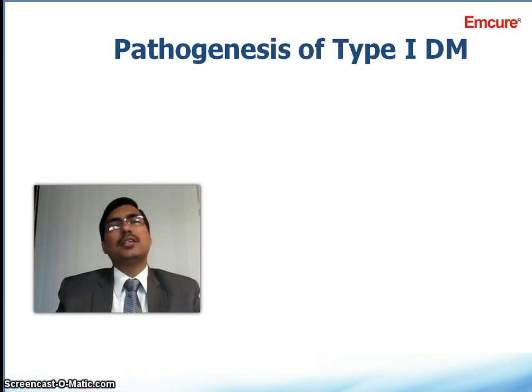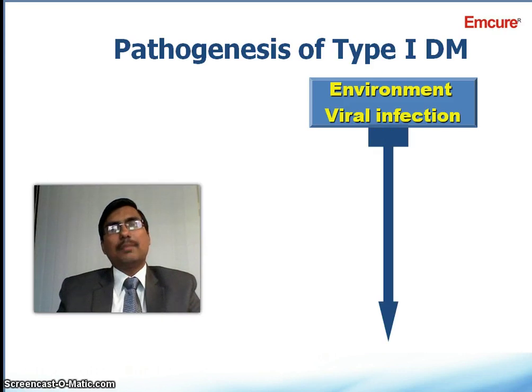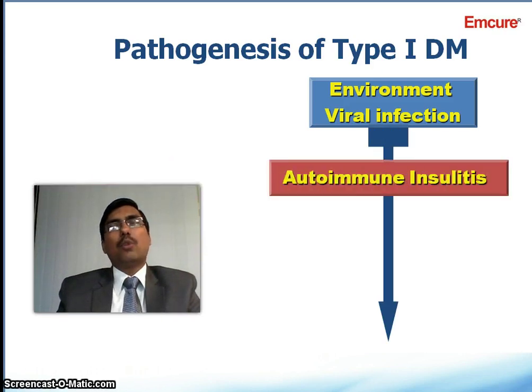Now let us understand the pathogenesis of type 1 diabetes, and then we will also understand the pathogenesis of type 2 diabetes. As you know, environmental and viral infection can trigger our immune system. When the immune system gets triggered, the body's immune cells, WBCs, attack the islets of Langerhans cells or the beta cells, and thereby it causes inflammation of the islets of Langerhans.